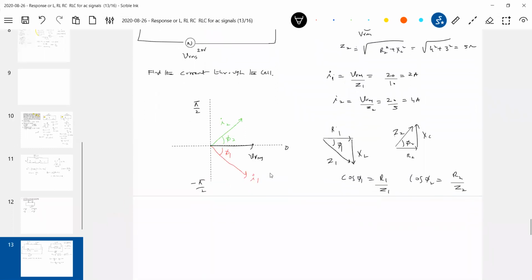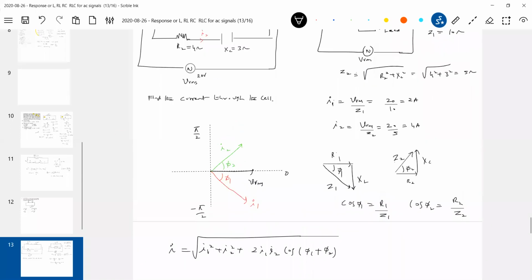The total current through the cell should be I squared equals I1 square plus I2 square plus 2 I1 I2 cos of the angle between them. Vector addition. Root of such.